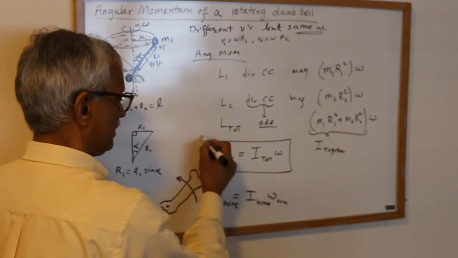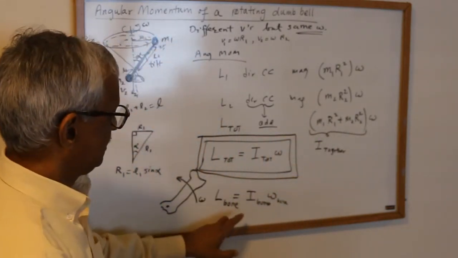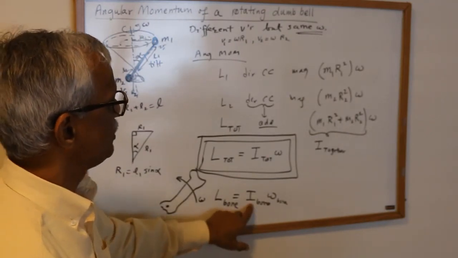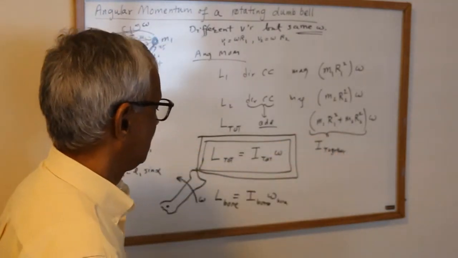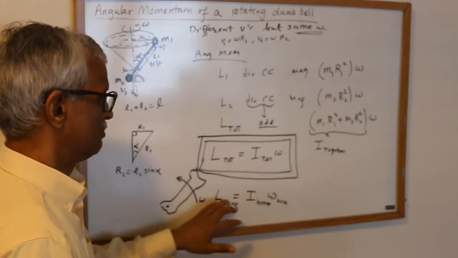This is a very important formula. The difference will be that I of the bone will not look like that. It will have its own formula for moment of inertia.